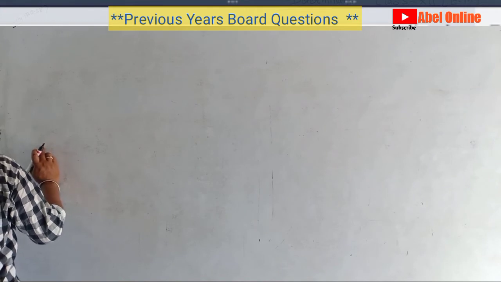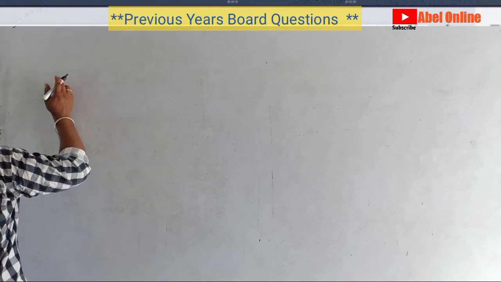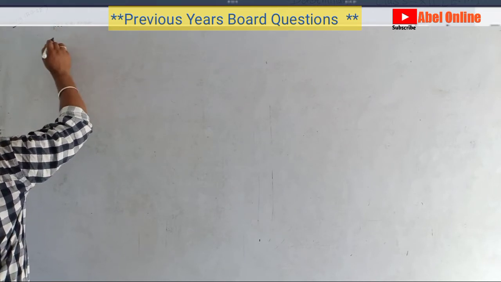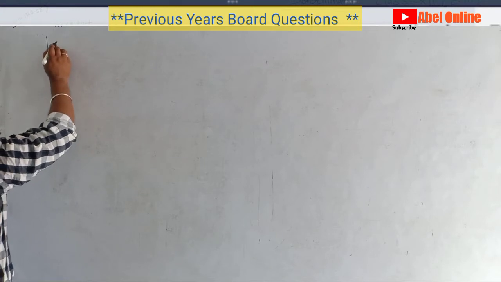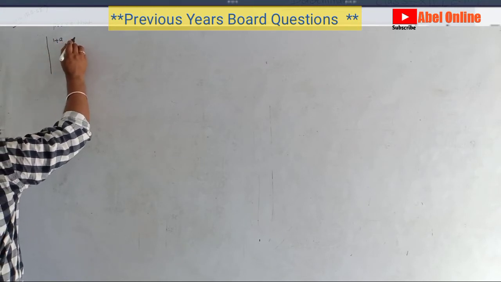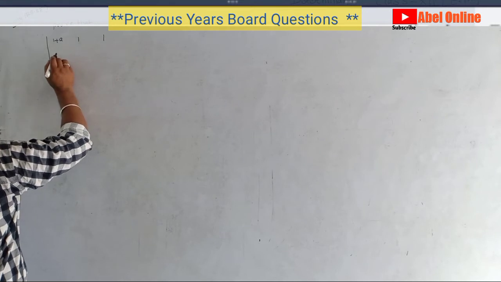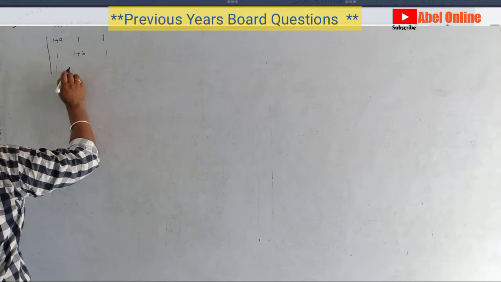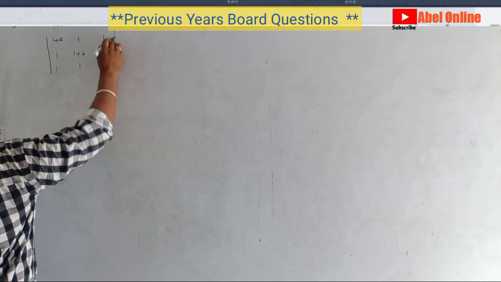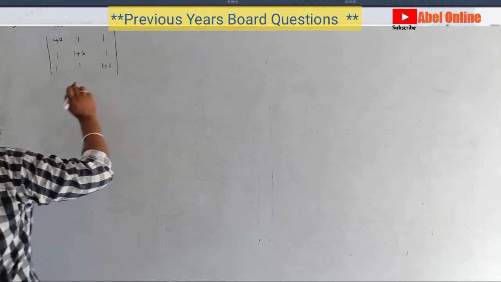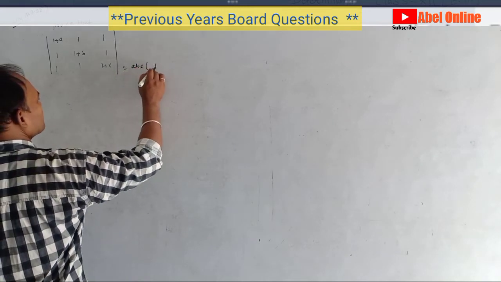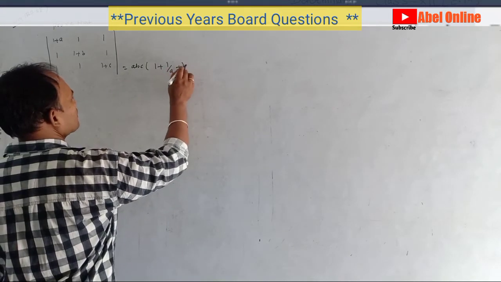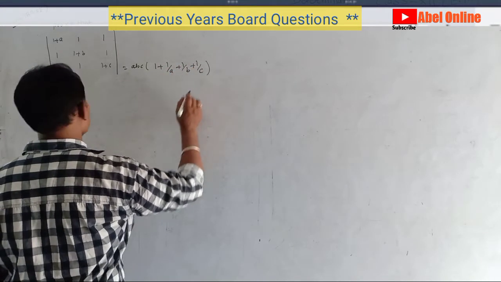It is to prove that, what we have to prove: the determinant 1 plus a, 1, 1; 1, 1 plus b, 1; 1, 1, 1 plus c equals abc times 1 plus 1 upon a plus 1 upon b plus 1 upon c.